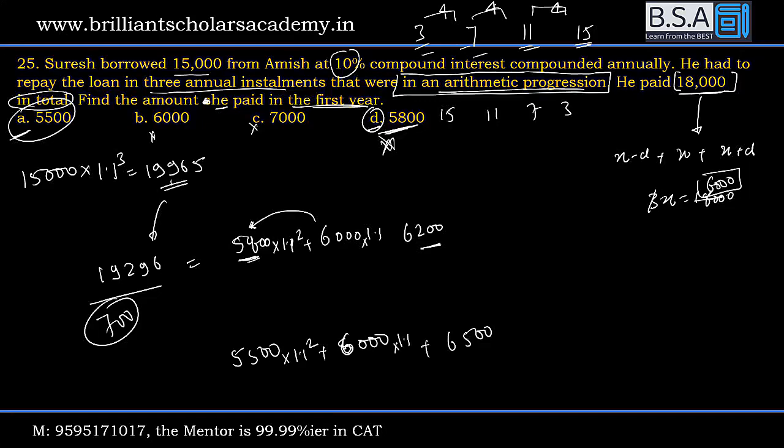You have to be agile with calculations here with calculator. 5,500 times 1.1 square plus 6,000 into 1.1 plus 6,500. So this value combined comes down to 19,755.